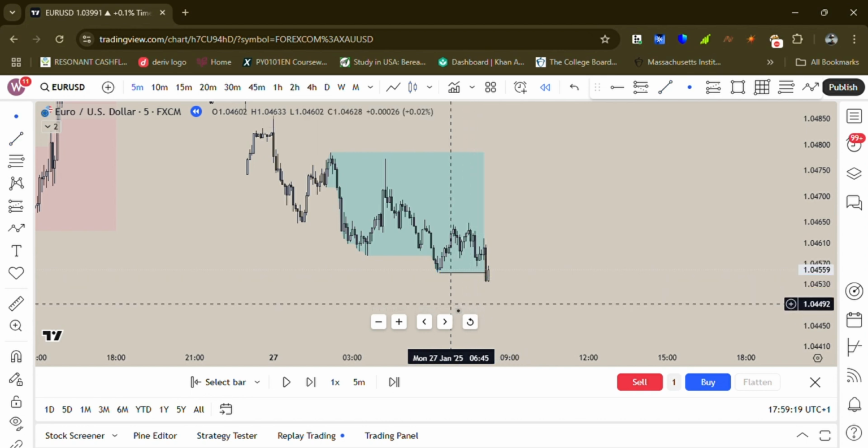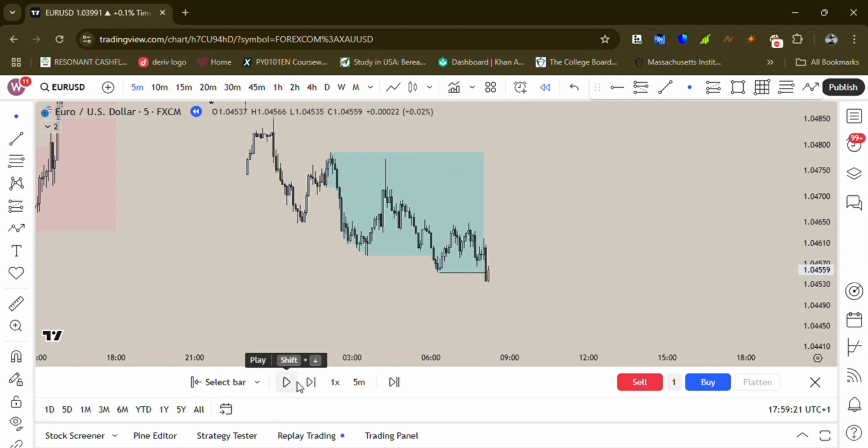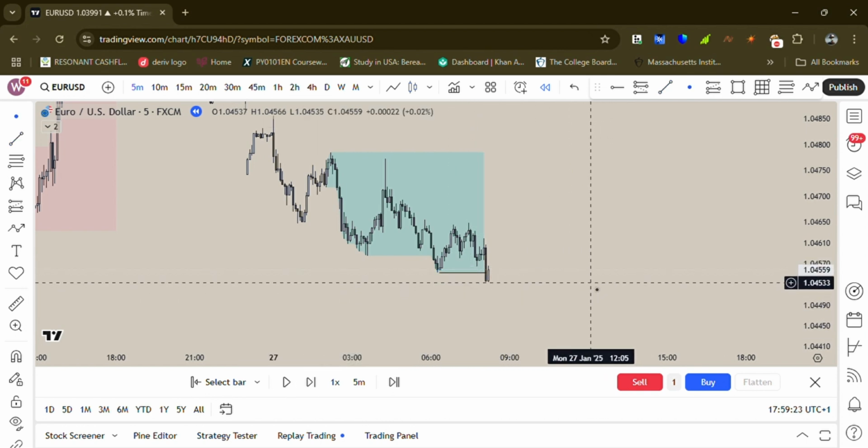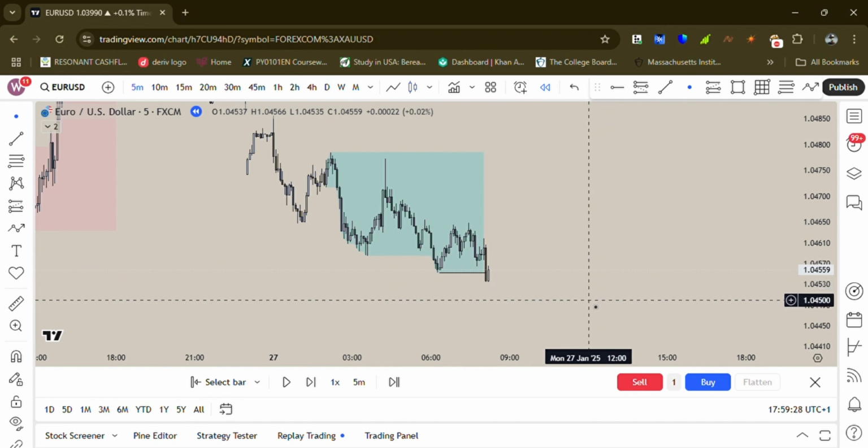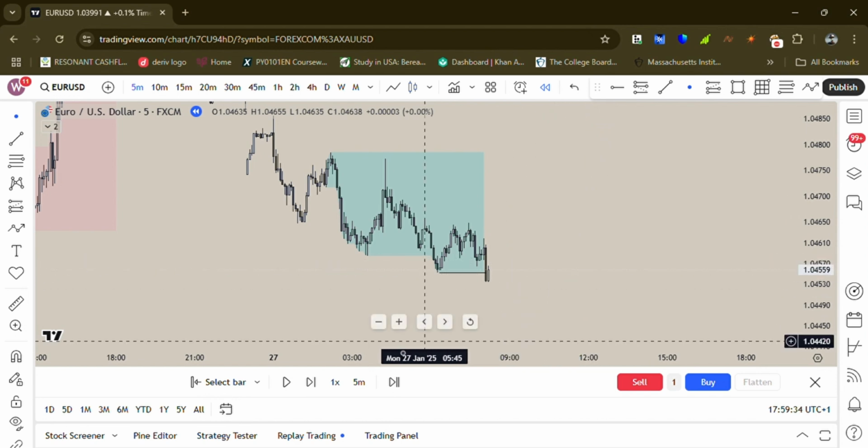The next checklist is we want to see a break of structure into the Asian range, which signifies to us that it wants to continue buying to the other side.